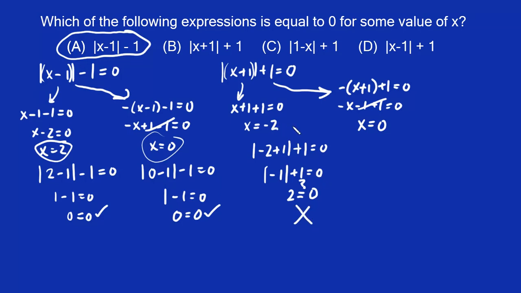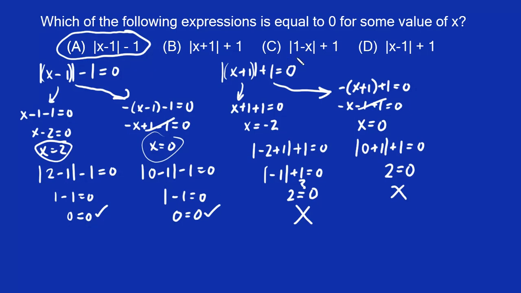So we know that this is an extraneous solution. Then we try the second possible solution, and we say the absolute value of 0 plus 1 equals 0. The absolute value of 1 is just 1. 1 plus 1 is 2. So same thing, you get 2 is equal to 0. That makes no sense, which means this is also an extraneous solution.